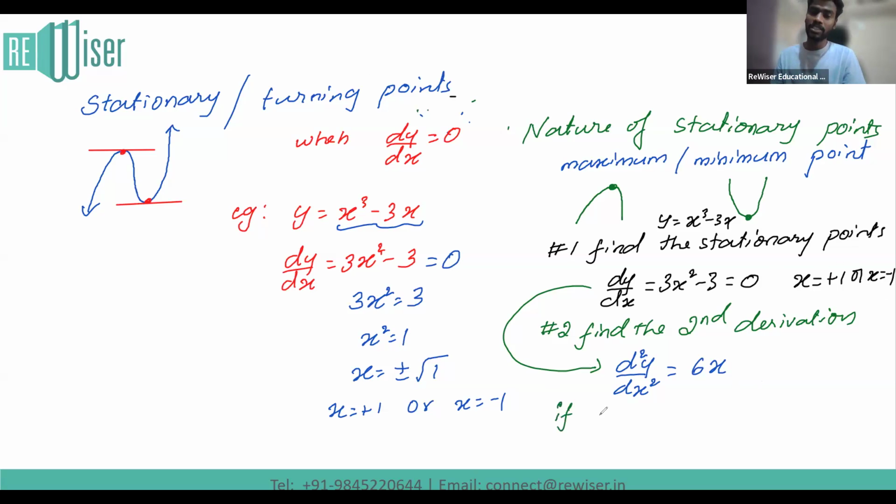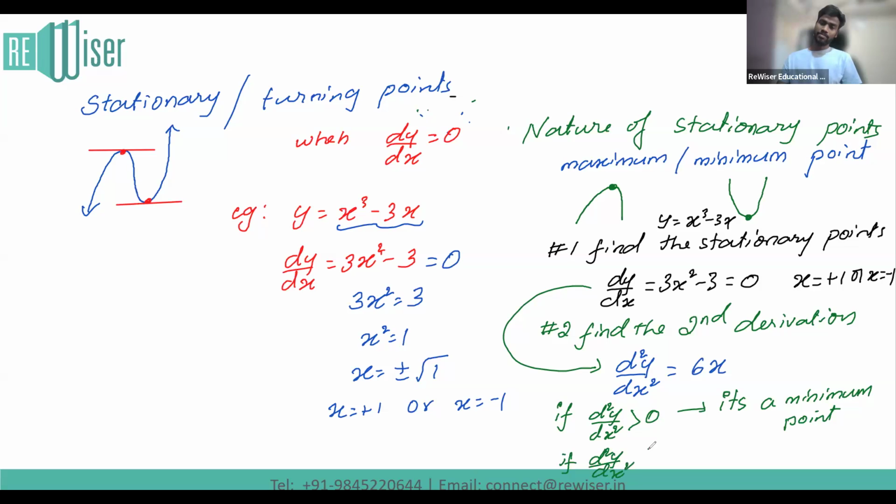If the second derivative is positive, greater than 0, it's a minimum point. So at that x coordinate there will exist a minimum point. And if the second derivative is negative, less than 0, then it's a maximum point.